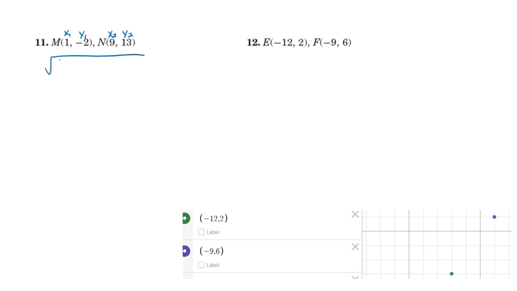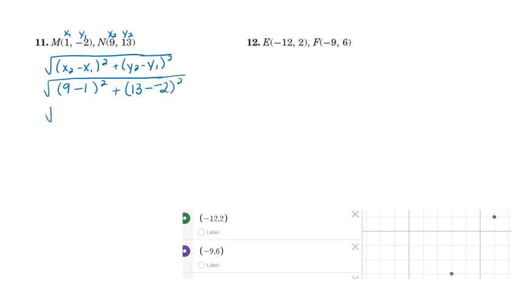For some reason, I've got to have the distance formula sitting in front of me to be able to fill it in, and I think you might not need to, but that's just me. All right, so x2 is 9, x1 is 1, y2 is 13, minus a negative 2.